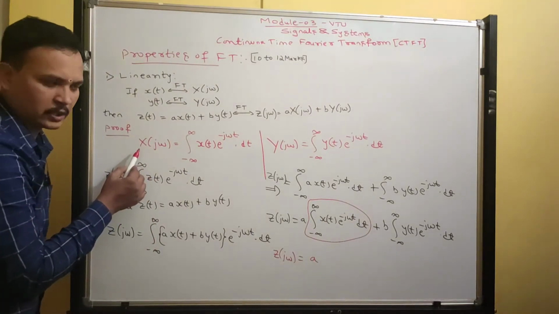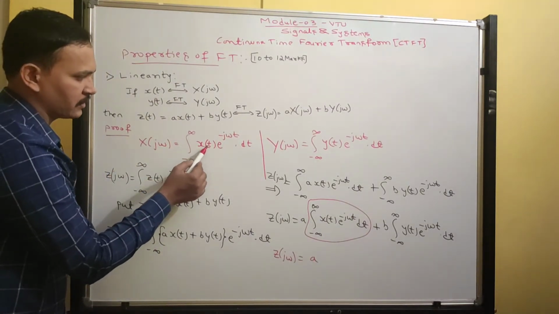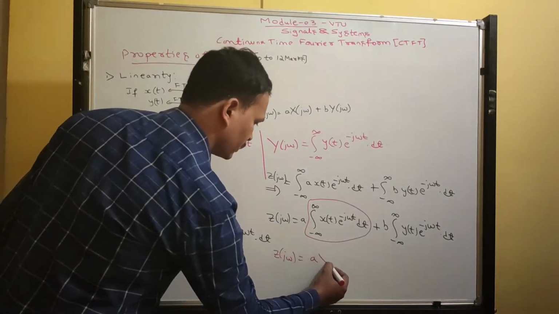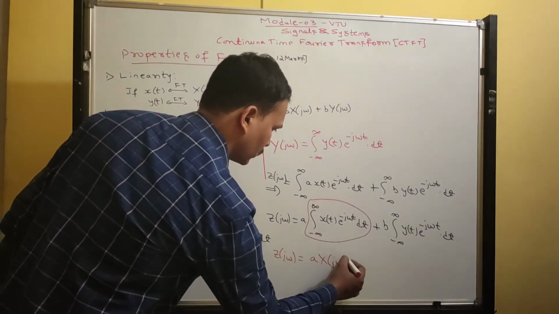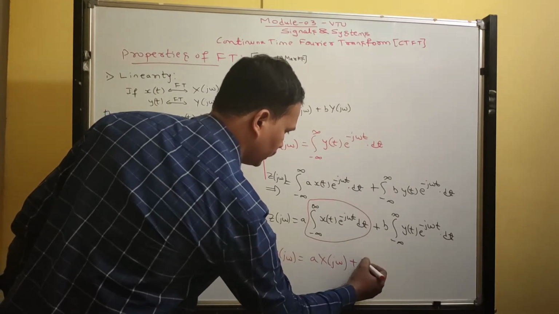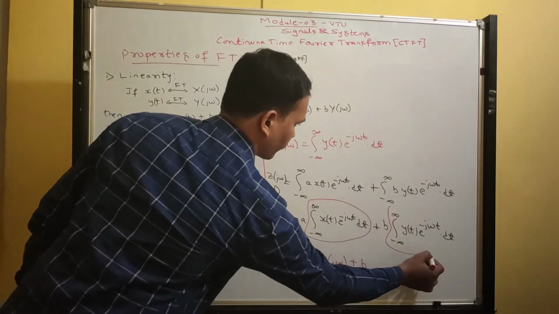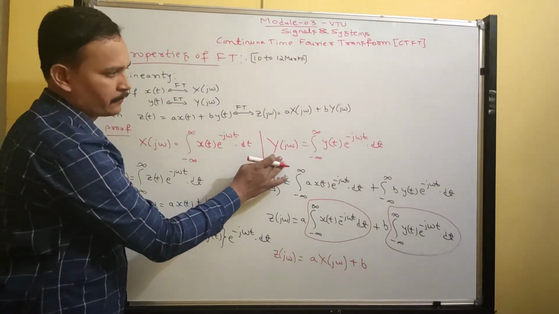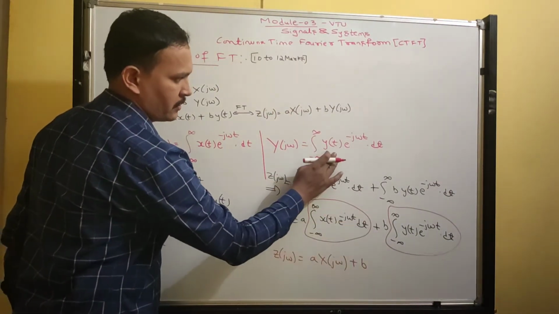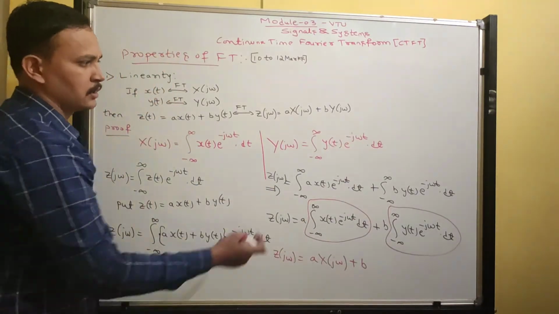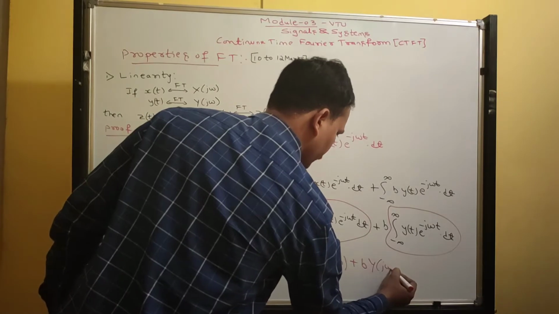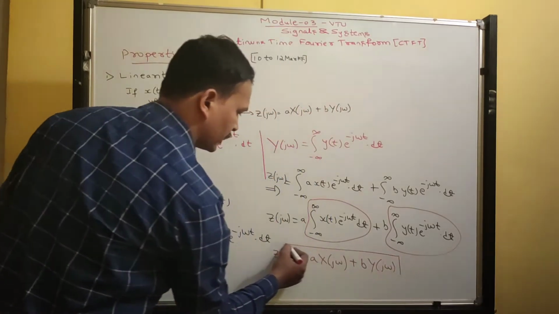That is x of j omega. And what is the second part? That is y of j omega. So z of j omega is a x of j omega plus b y of j omega. Hence proved.